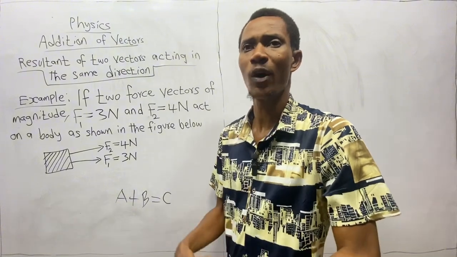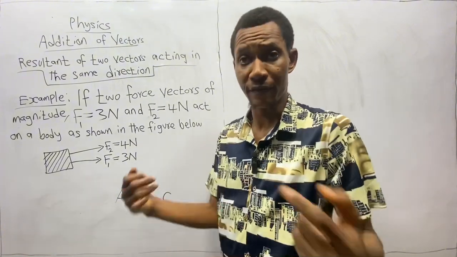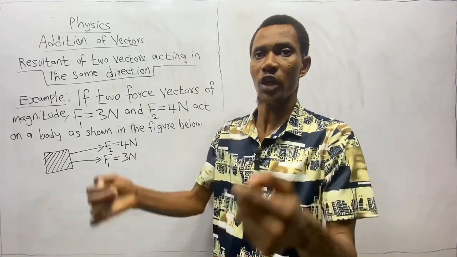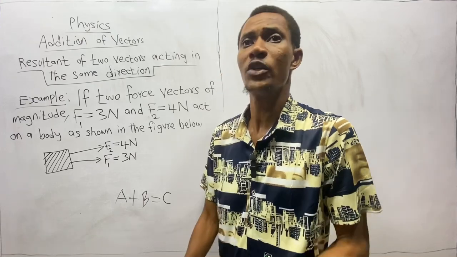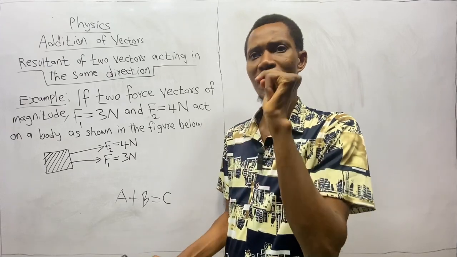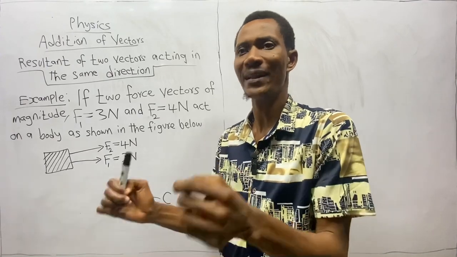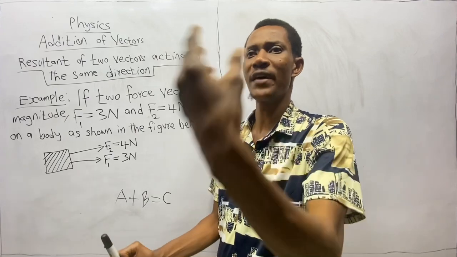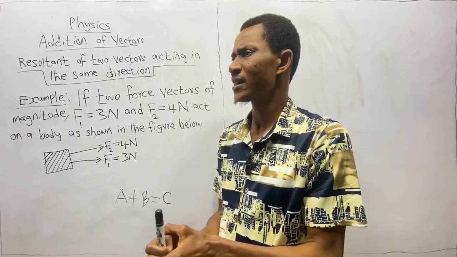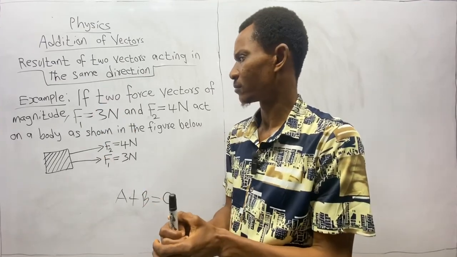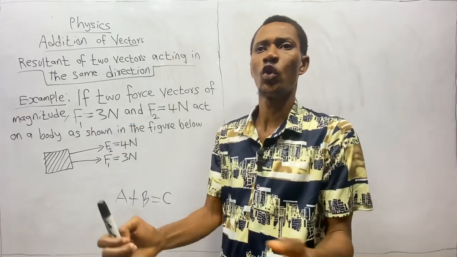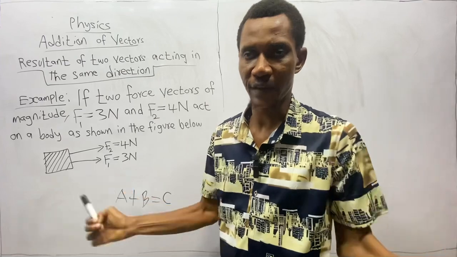The question is, what then is a resultant vector if you are asked to define it in an examination condition? A resultant vector is that singular vector which would have the same effect in magnitude and direction as the original vectors acting together. The question now is, how do we get the resultant vector from the addition of two or more vectors?